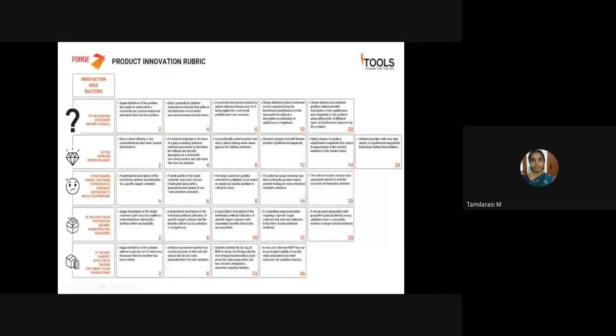For example, a vague description of the target customer, but unable to understand how solving this problem offers any benefits, or a generalized description of the beneficiary without indication of the specific target customer. Whichever is matching, you can know that for these people it will be very beneficial, and for this kind of people it will be very beneficial.